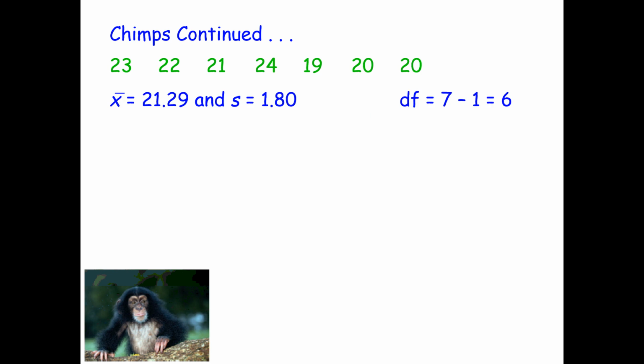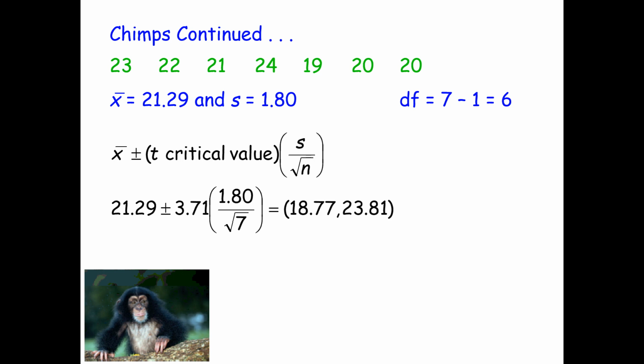So that's going to give us an x bar of 21.29 and an s of 1.80. And our degrees of freedom are going to be 6. So we're going to go ahead and plug those values in. And our t critical value for a 99% confidence interval from our t table is 3.71, which gives us a lower bound of 18.77 and an upper bound of 23.81.